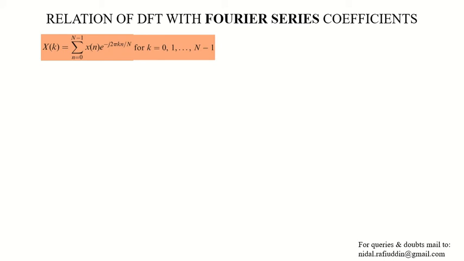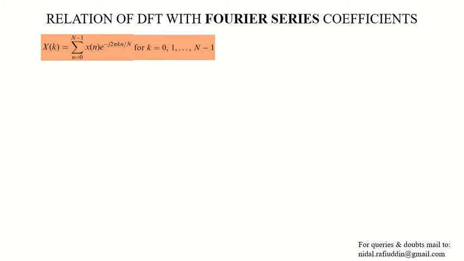So this is the DFT of the signal sequence x[n], and we had been learning about this transform given by X[k], which is summation from n equal to 0 to N minus 1 of x[n] e raised to power minus j2 pi kn upon capital N, for k varied from 0 to N minus 1.